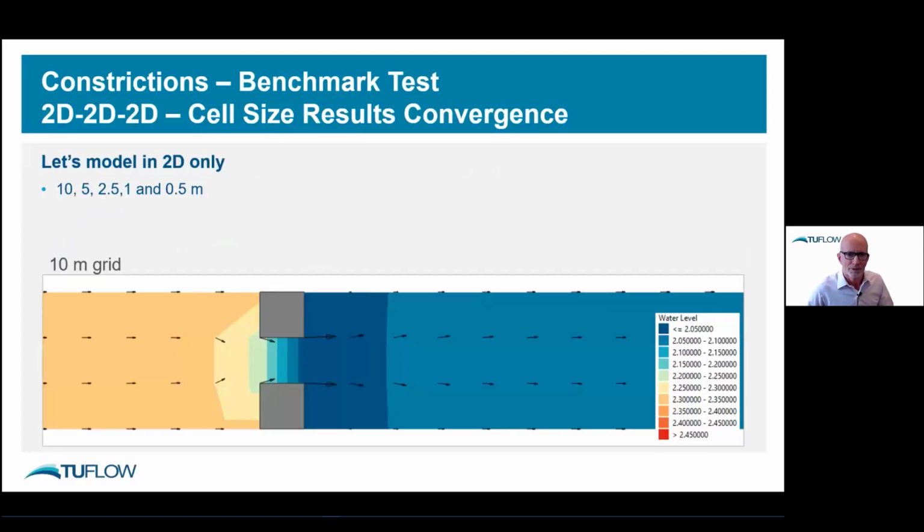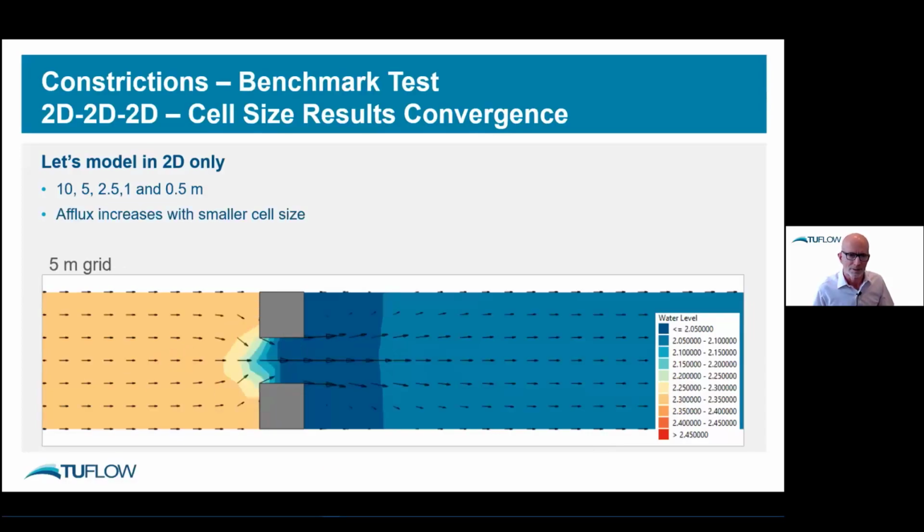Let's make a little 2D only model now, exactly the same setup. We'll step through some different cell sizes. There's a 10 meter grid, only 3 cells across here, 1 cell through the constriction, pretty rough. There's the results, and you see the legend on the right, we've got water level being shaded here. You'll notice as we go to a finer grid that this color gets more red.